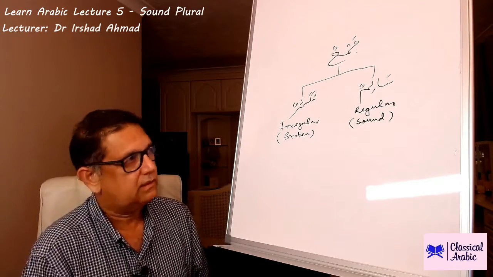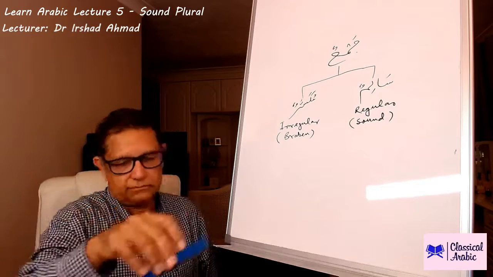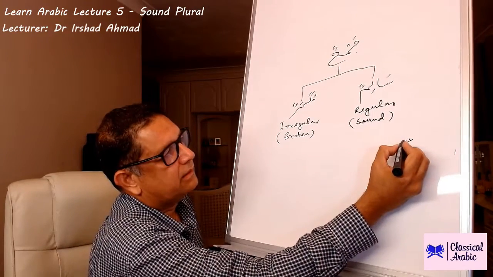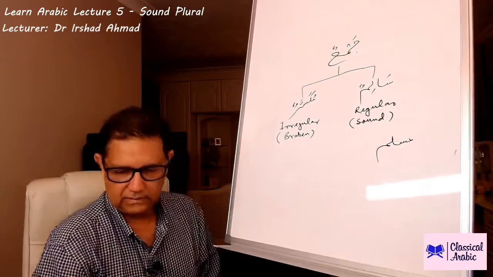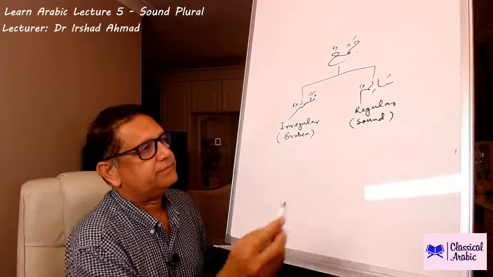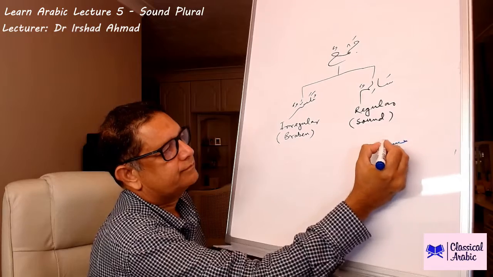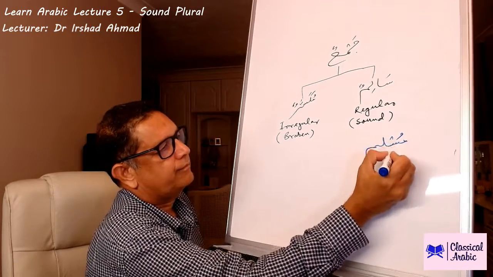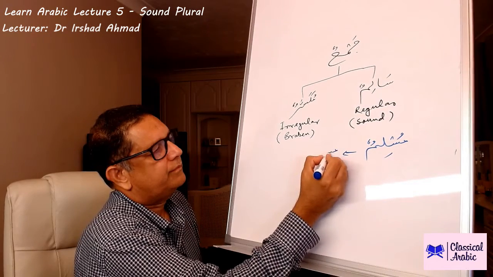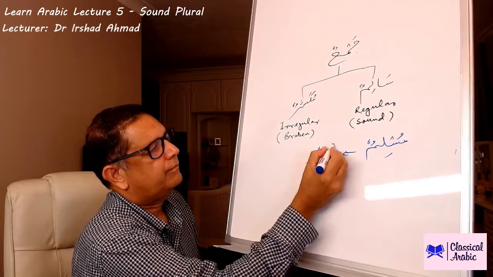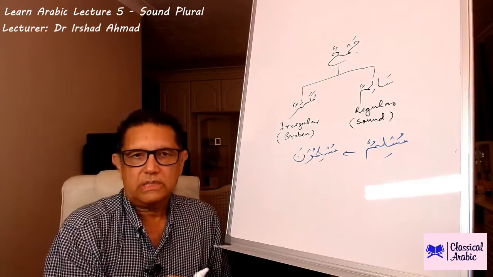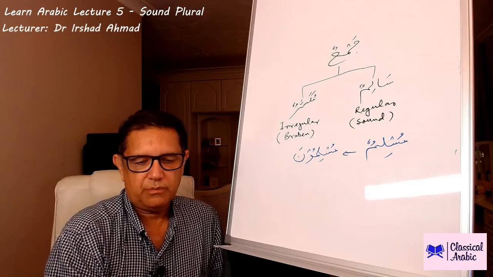For example, we take this word muslimun, muslimun. Plural will be muslimuna. So just like the dual, it's a two-step process.